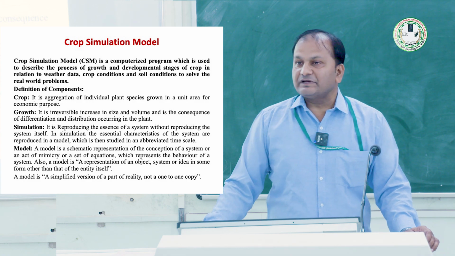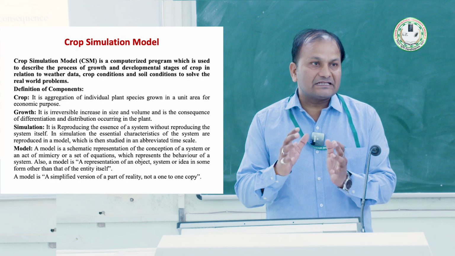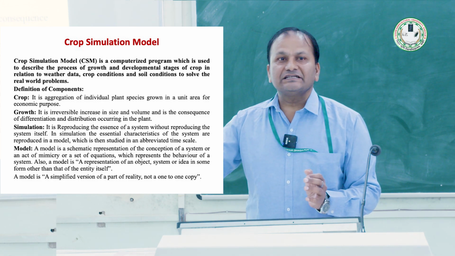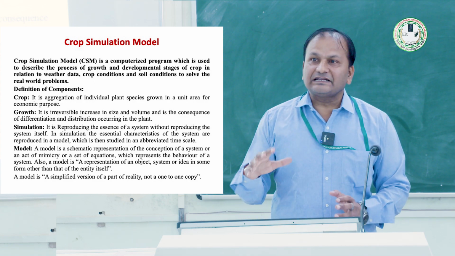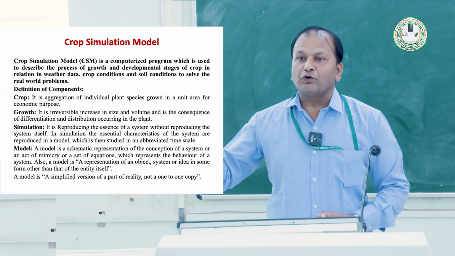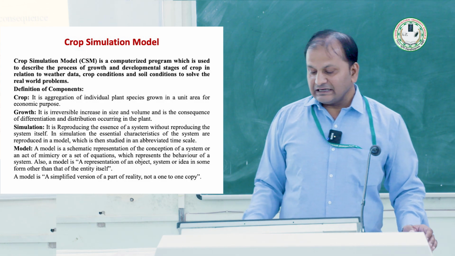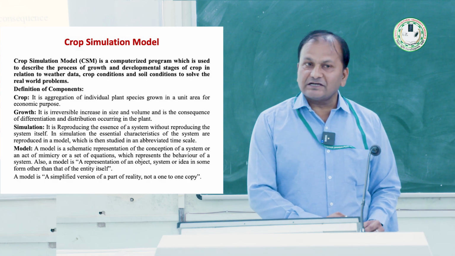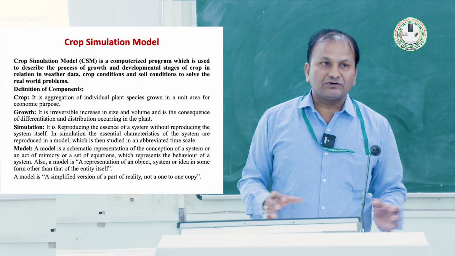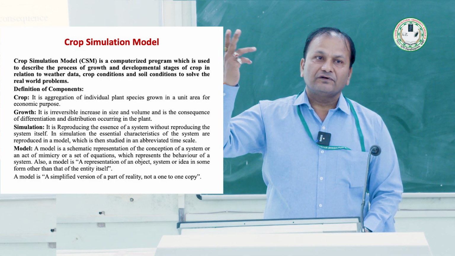Differentiation means cells are increasing their size and their numbers also, so they divide 1 to 4, 4 to 16, like that. Then distribution means plants take nutrients and water, and these are translocated from root to leaf.